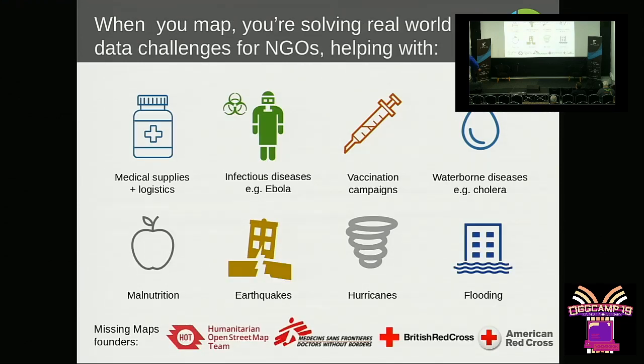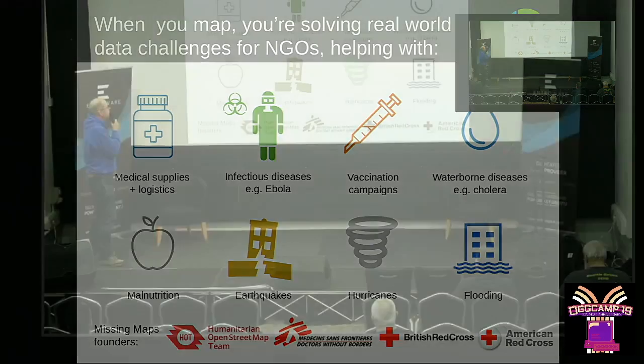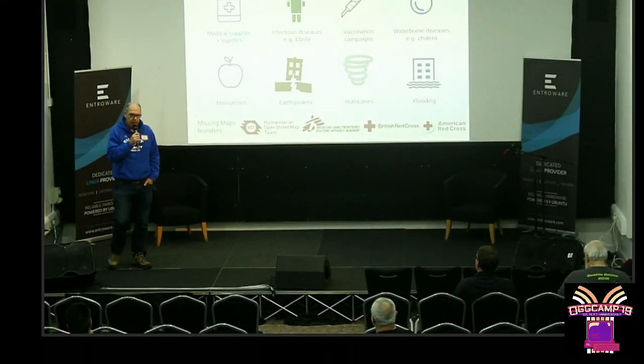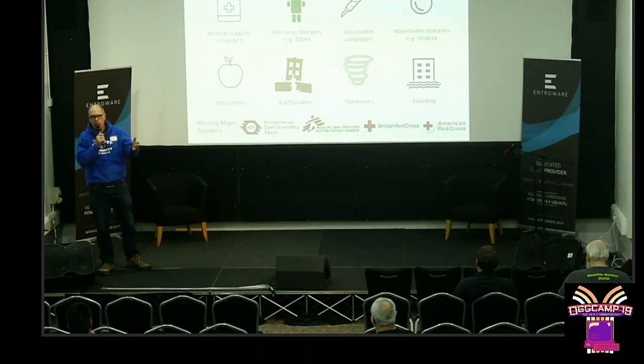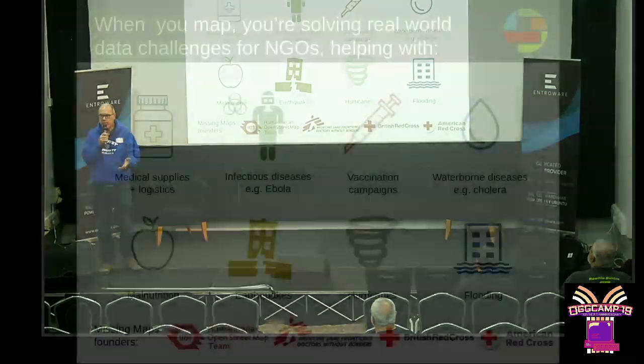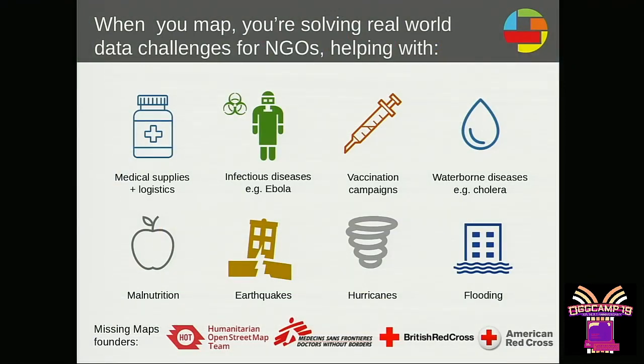Why? Medical supplies and logistics. If you need to ship Ebola vaccine to northern Congo, you want an idea of how many doses you need. So you need some idea of how many people live there. And there aren't censuses of these countries.